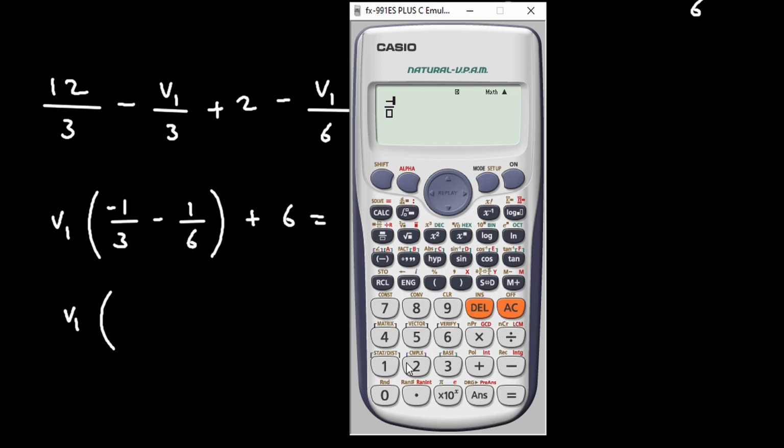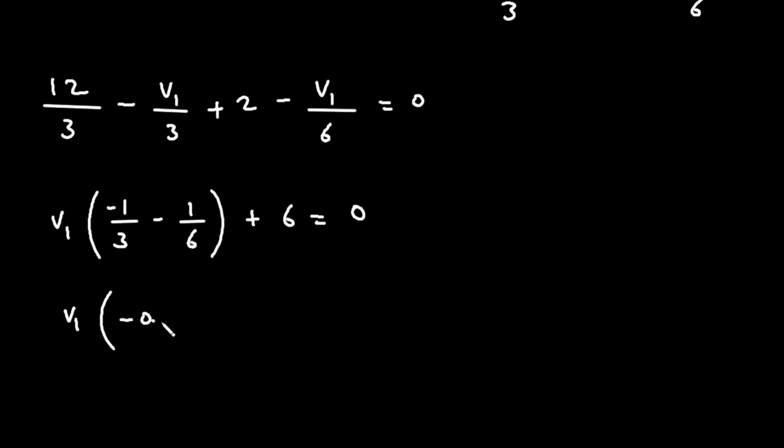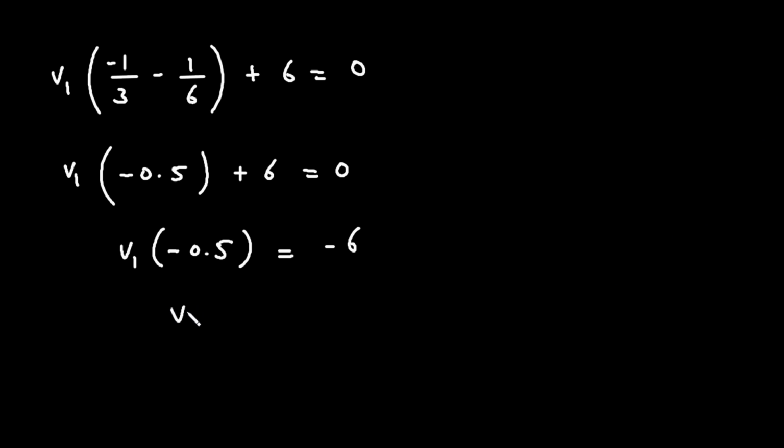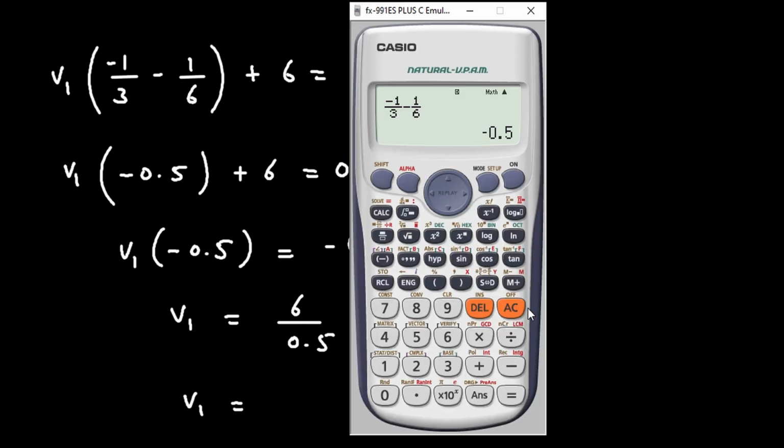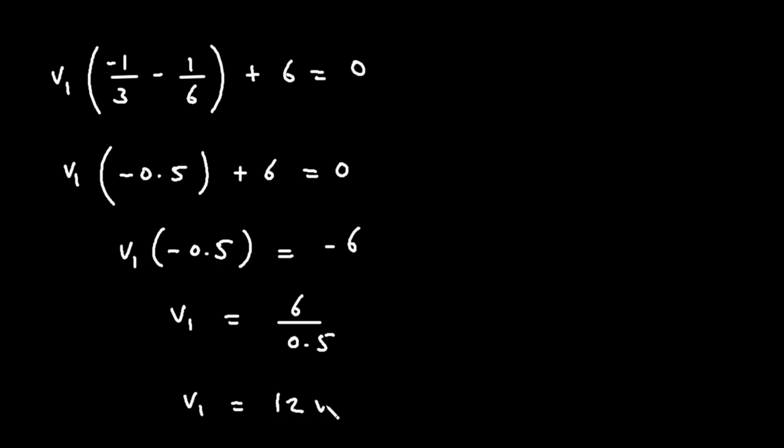It will be minus 1 by 3 minus 1 by 6. So it is minus 1 by 2 or minus 0.5. Minus 0.5 plus 6 is equal to 0. So V1 in bracket minus 0.5 is equal to minus 6. So V1 is equal to, this minus and this minus will get cancelled, so 6 divided by 0.5, which is equal to 12 volt.